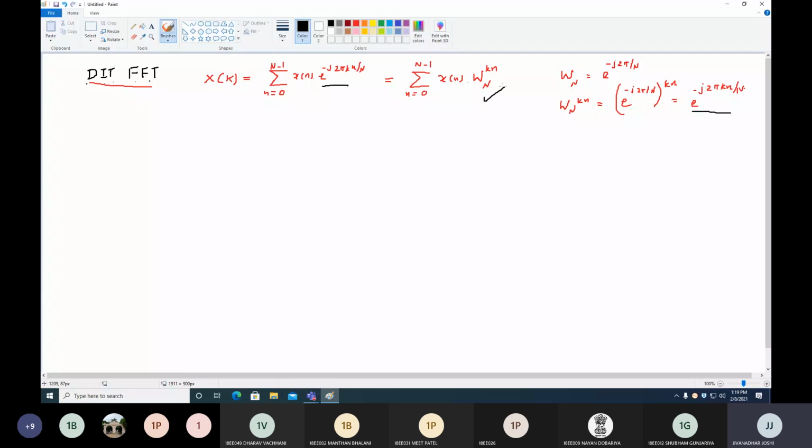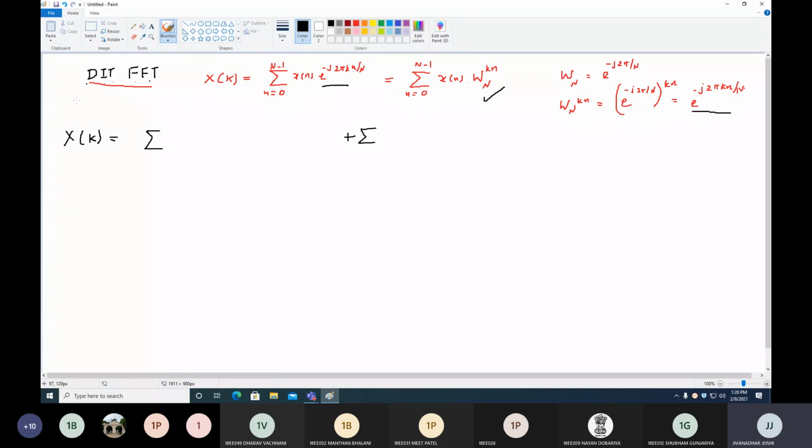And now we are going to represent this one differently. We are going to represent it as sum of two terms, right? Where one particular term is for even numbers of samples in sequence x of n, and another term is for odd numbers of x of n in the x of n sequence.